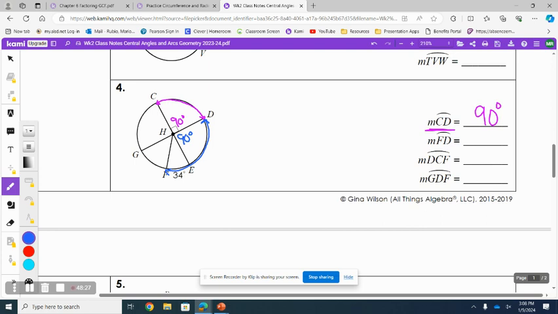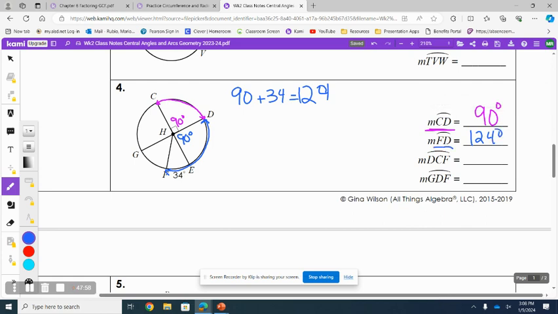But it's not asking us for C to D, C to E, D to E, it wants D to F. Right? Sorry, even I'm being confused. So from here to here is 90, but you also have this little piece here that you've got to add. So what's 90 plus 34? What is it? Yeah, 124. Let me check. Is that right? Yeah, 124.